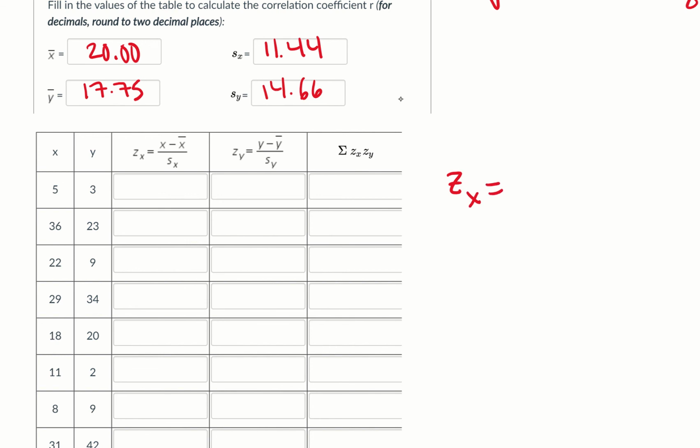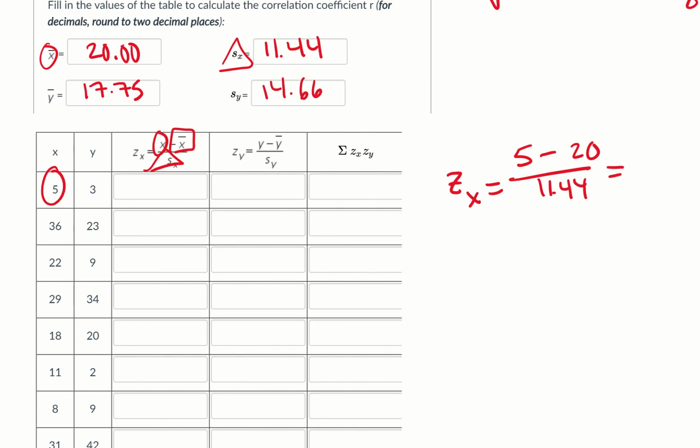So for that, we have 5. This is my X right there. My X bar, we just calculated that as well. So that's going to go here. So 5 minus 20 over SX, which we calculated here. So that goes here, and that's 11.44. So we get negative 15 over 11.44.